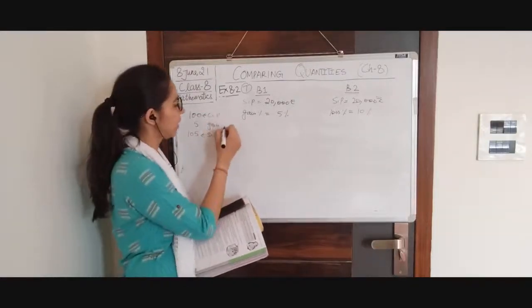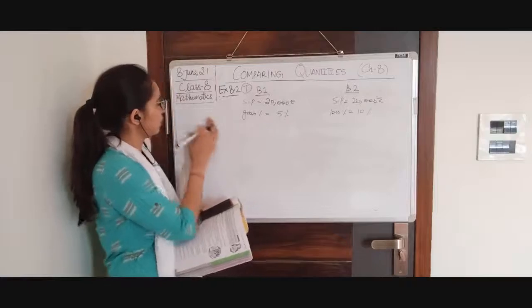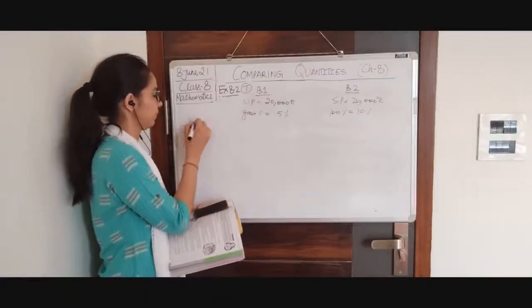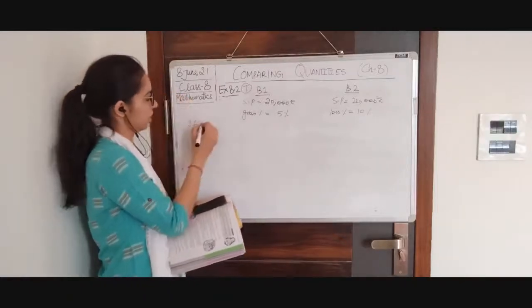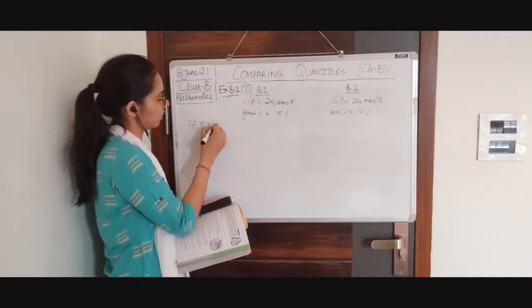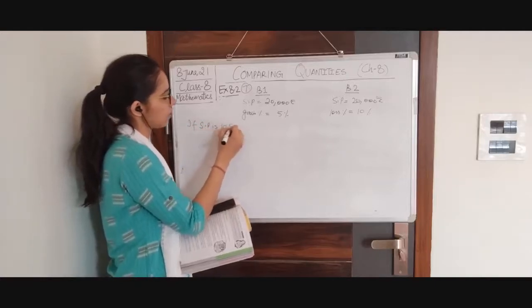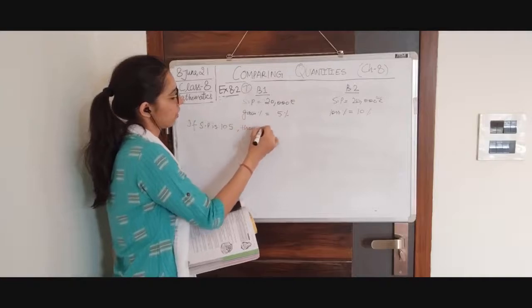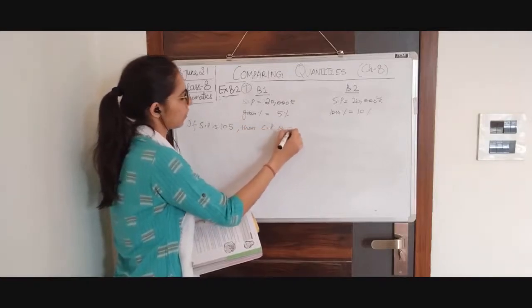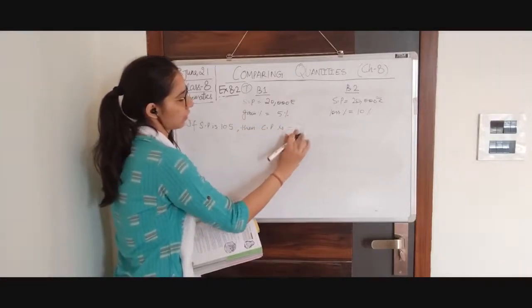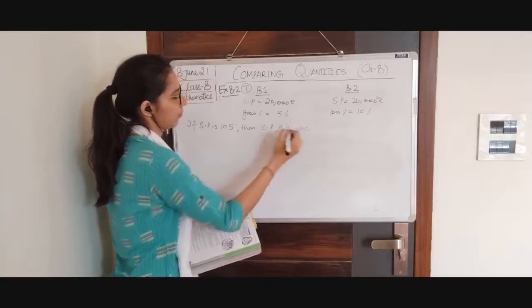So we will write if selling price is 105, then cost price is equal to 100.